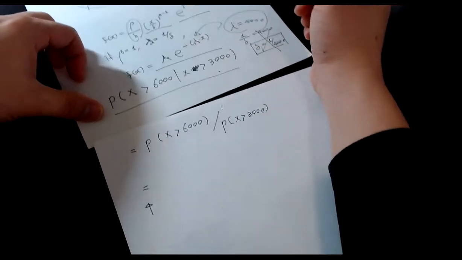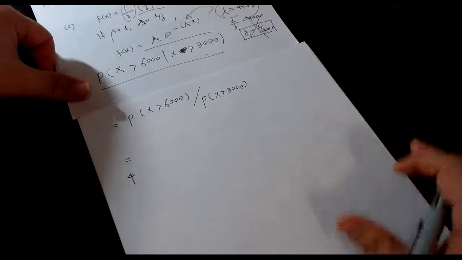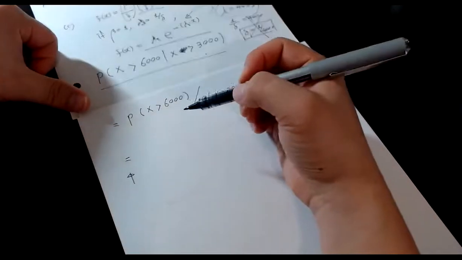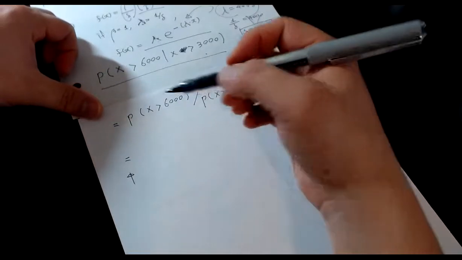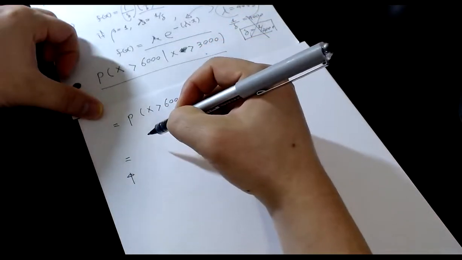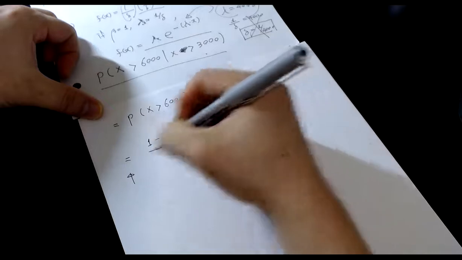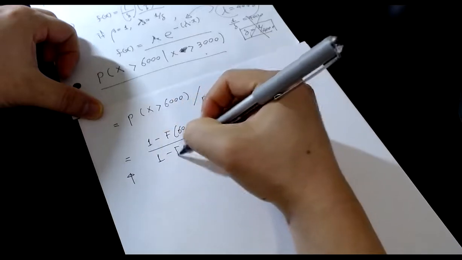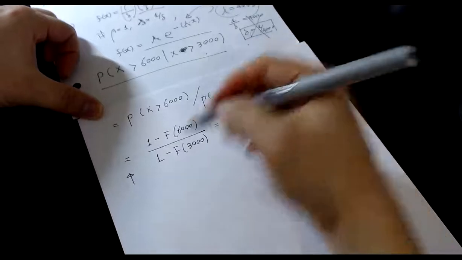PDF in exponential distribution. So now this is equal to what? Also we see, this is equal to 1 minus F of 6,000 over 1 minus F of 3,000, right? By the way, what's F?